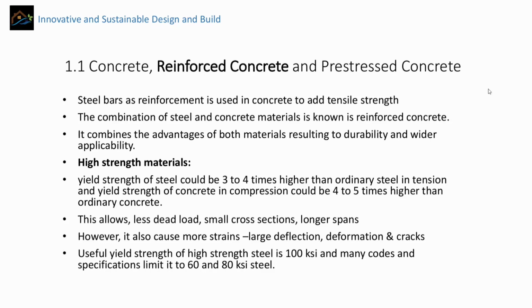One factor that we need to keep in mind is that we can increase the strength of both the concrete and the steel rebars. The yield strength of the steel can be increased to 3 times higher than the normal one when it is subjected to tension, and the yield strength of concrete in compression can also be increased 4 to 5 times higher than the simple ordinary concrete.